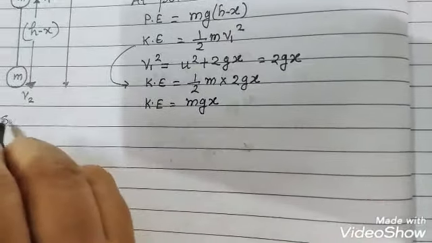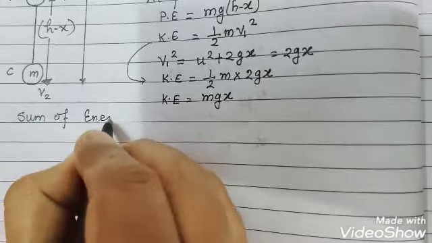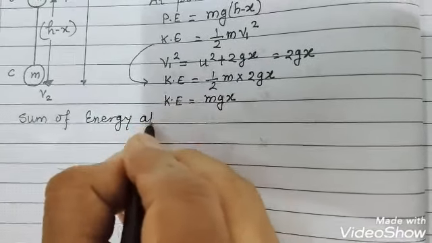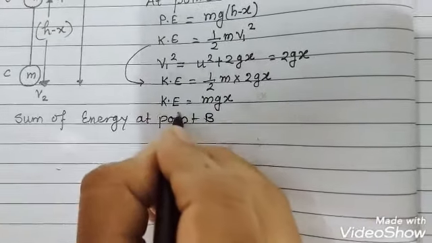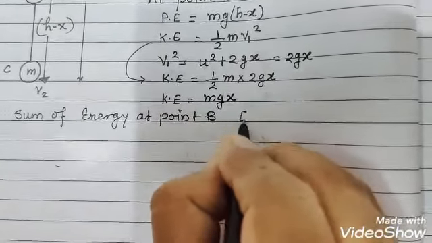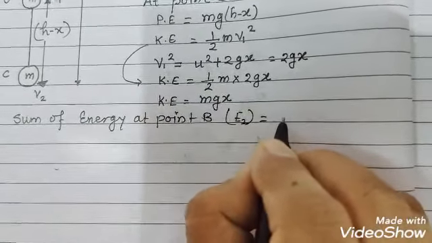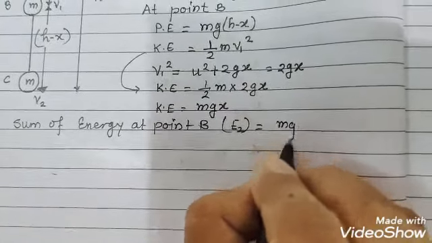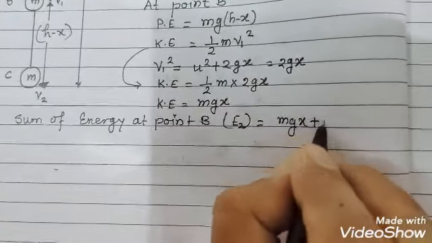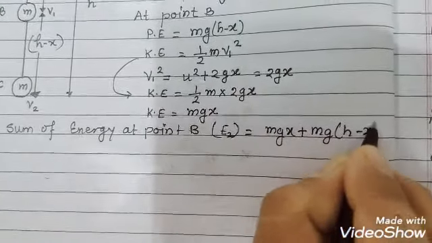Now we'll see the sum of the kinetic energy and the potential energy at point B, and we'll consider this as E2. So this is equal to the kinetic energy, mgx, and the potential energy, mg(h minus x).